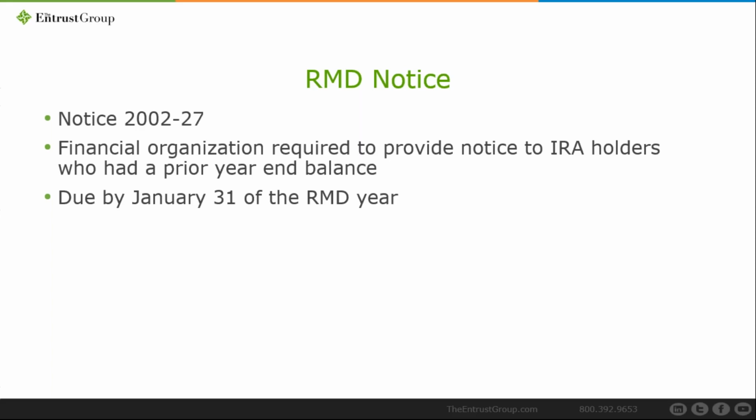They must also tell the taxpayer the deadline on when that RMD must be distributed, and that the financial institution is actually telling the IRS that they have a required minimum distribution due for the year.